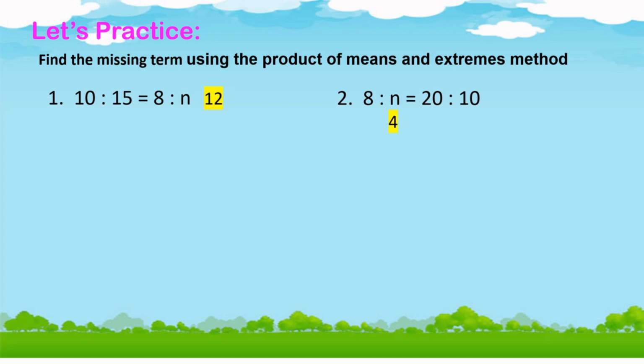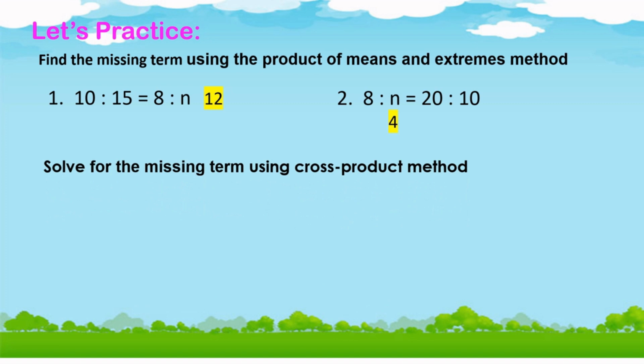Okay. So here's another. Solve for the missing term using cross-product method. So cross-product method naman ang gagamitin nyo. Number 1. So we have 4 over 12 is equal to n over 18. So solve for the missing term.